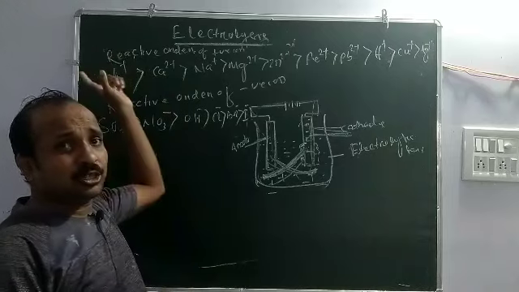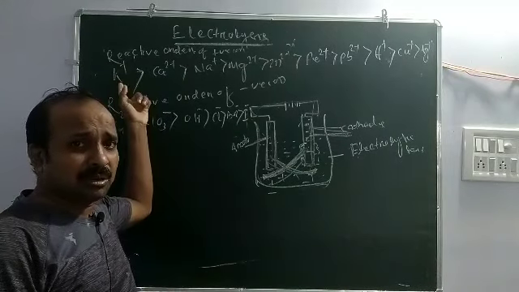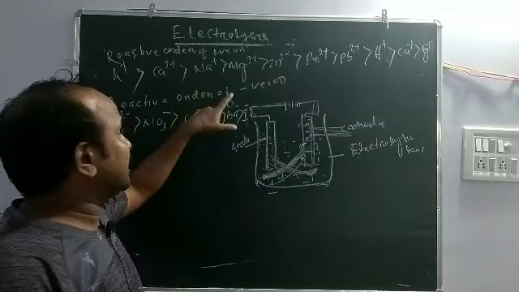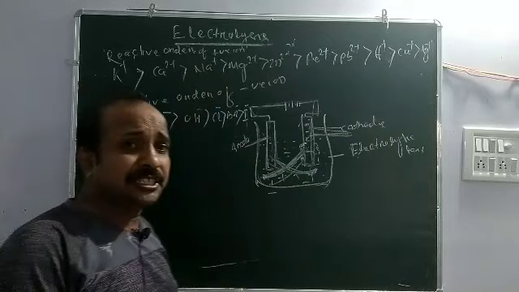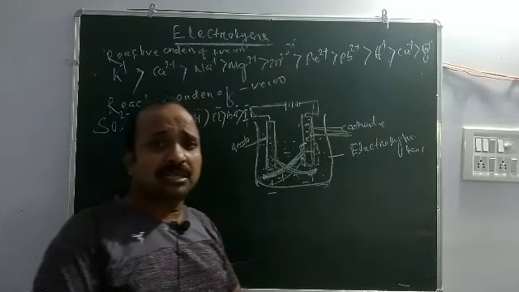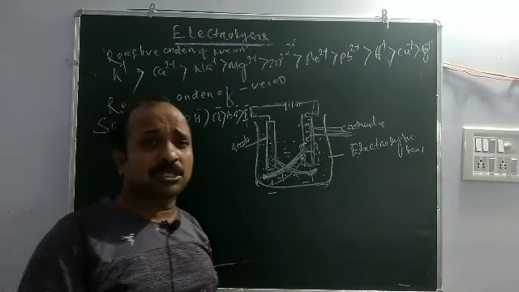The most reactive is potassium, K+, then Ca2+ calcium, then sodium, then magnesium, then zinc, then iron, then lead, then hydrogen, then Cu2+, then Ag+.